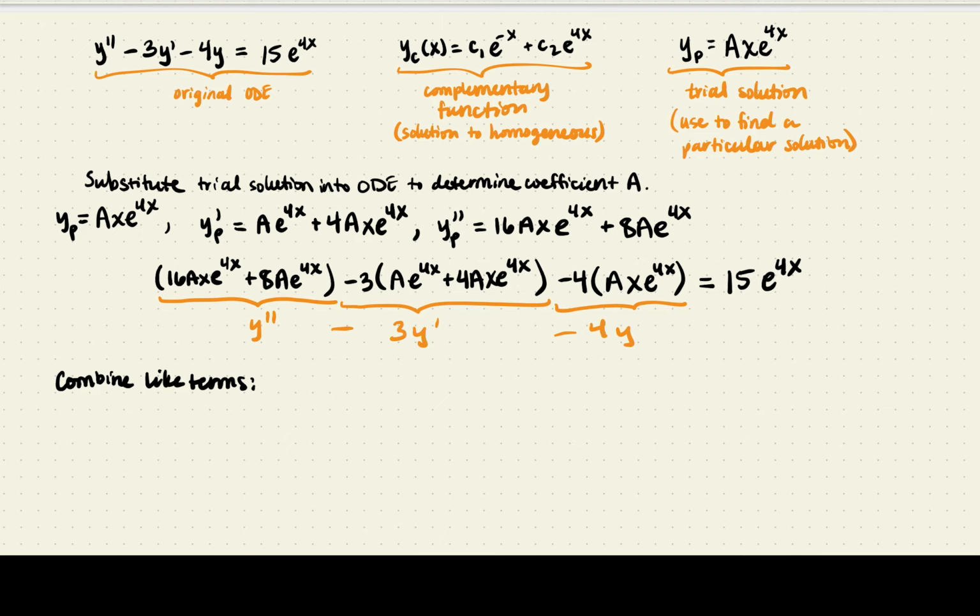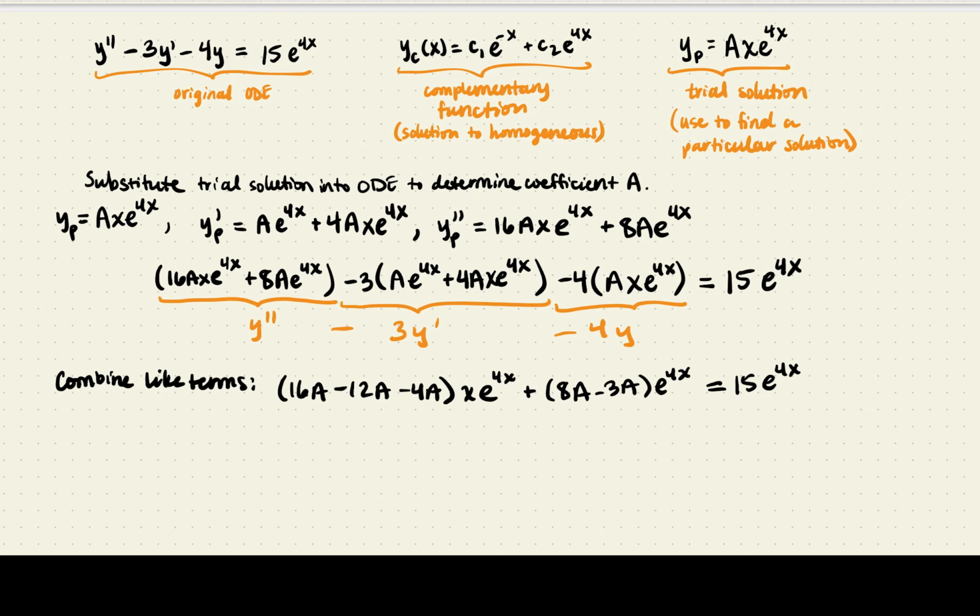So that's going to give me 16a minus 12a minus 4a, those are the coefficients on the terms that have x e to the 4x, plus the coefficients on the terms that just have e to the 4x next to them, which is 8a minus 3a. And we're setting that equal to 15 e to the 4x.